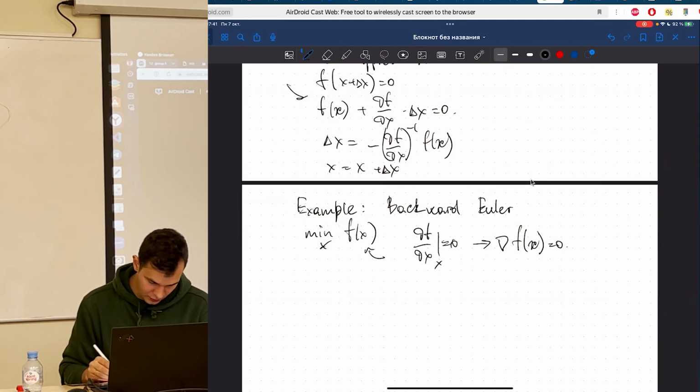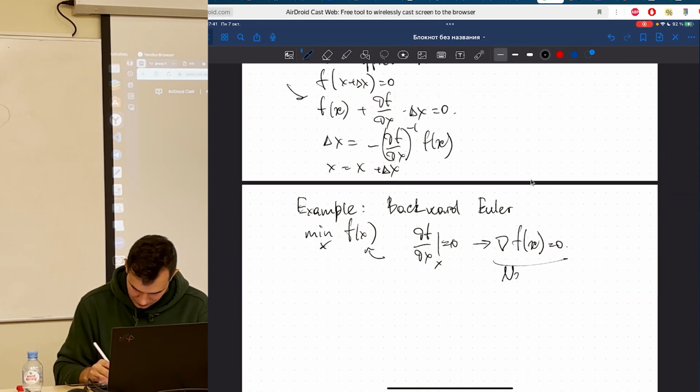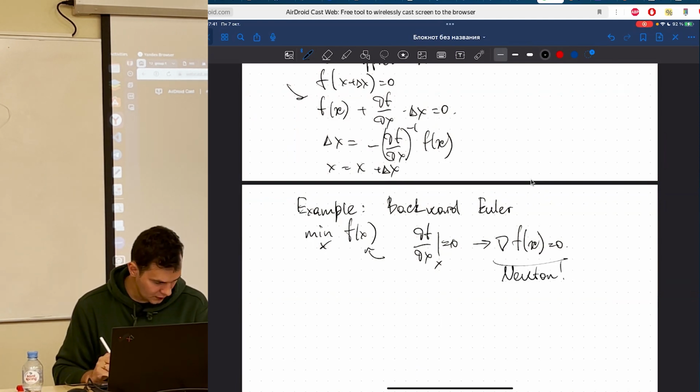So, in order to compute this, we need Newton method, not the law, method.